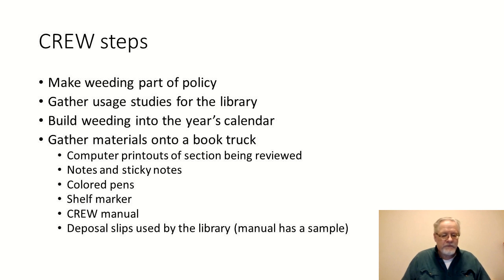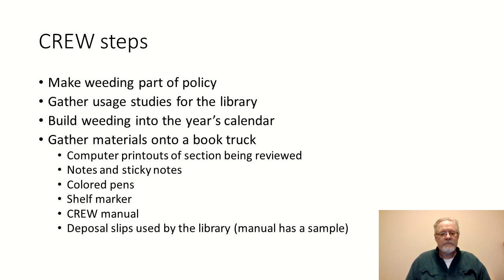I say 5 years, but it depends on the library and on what you want to research. Put notes and sticky notes on the cart, colored pens, shelf markers, a physical copy of the CREW manual, and any disposal slips used by the library. The CREW manual has an example of a possible disposal slip if your library doesn't have one, which you could, in theory, create.